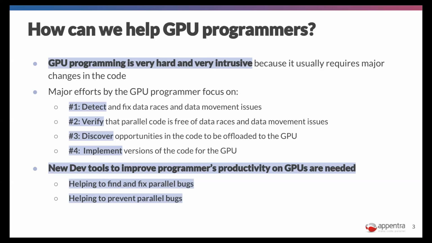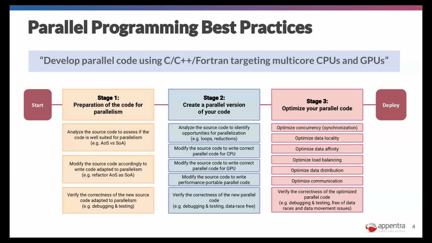Okay? So we are collaborating in efforts worldwide, in the US and in Europe, and with other customers and partners across the world, trying to standardize a process to develop and establish parallel programming best practices.